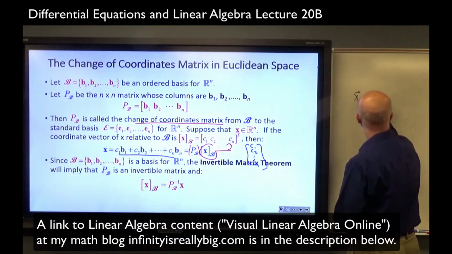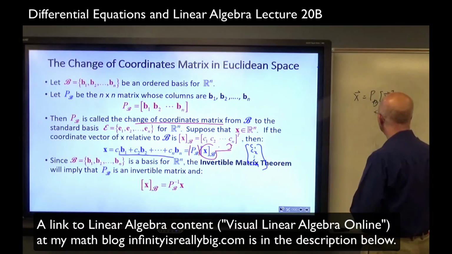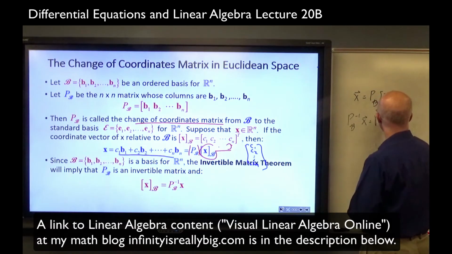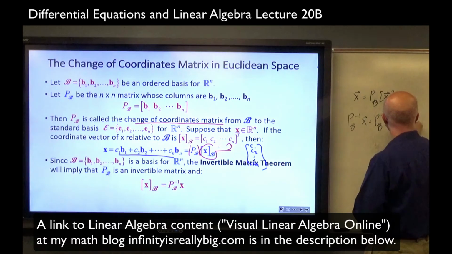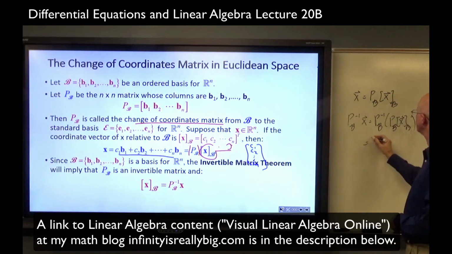If this equation is true, I can multiply both sides by P inverse, which will exist by the invertible matrix theorem. And then the associative law holds here, so I can write this.